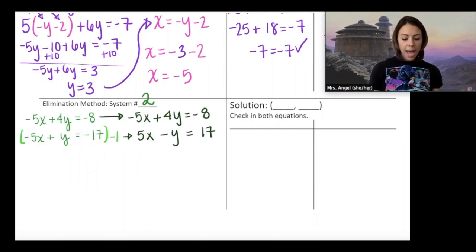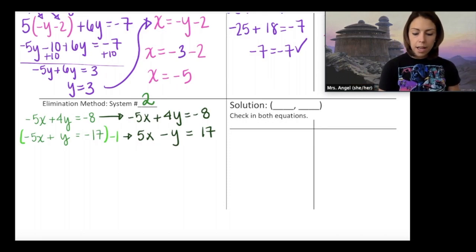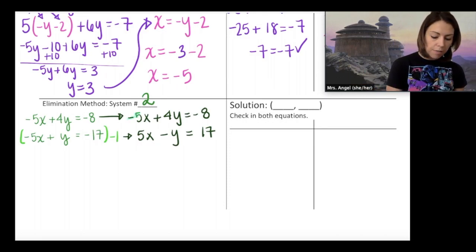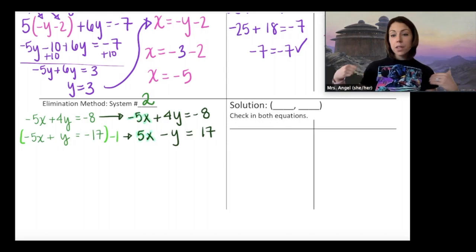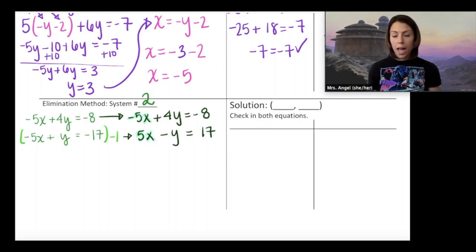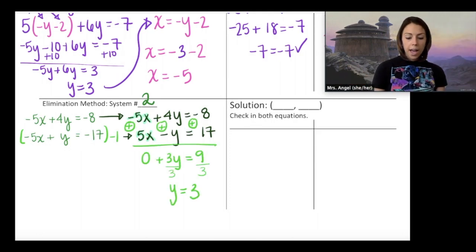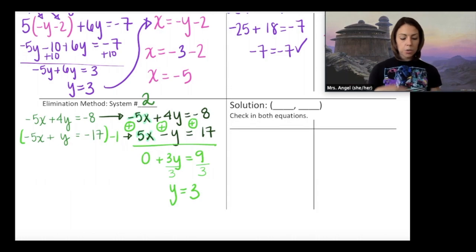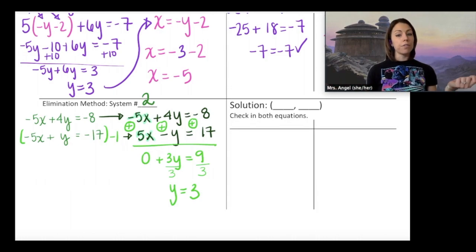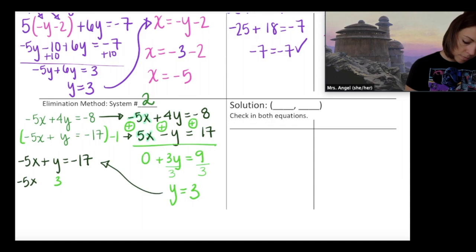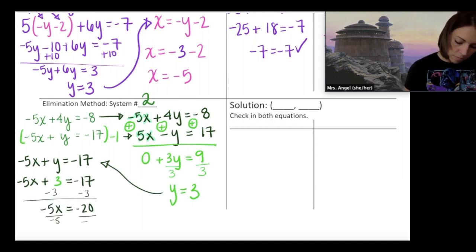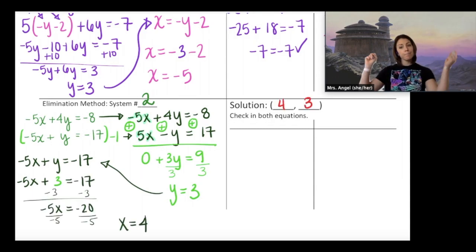Now that I've done that, I've created some opposite terms, -5x and +5x. So I'm going to go through, add the two equations, and solve for y. Now that I've solved for y, let's substitute that back into an original equation and solve for x. Final step, let's check.